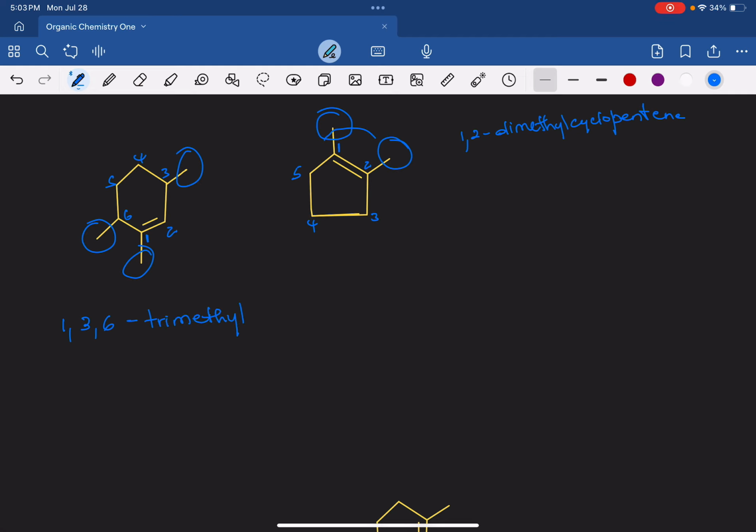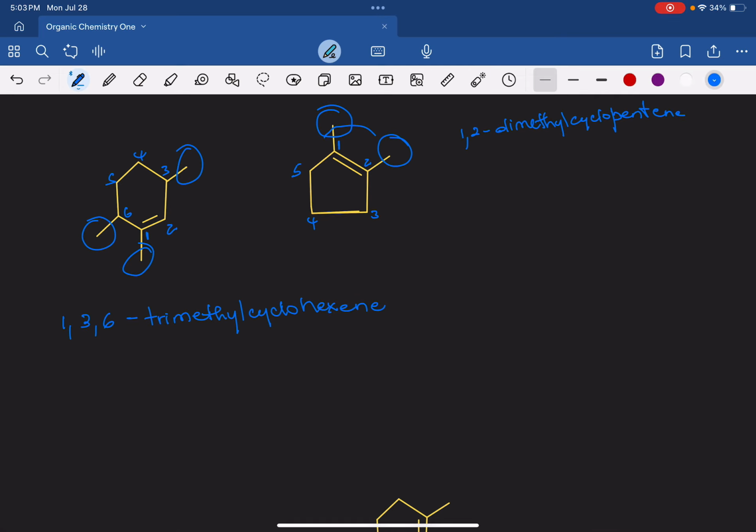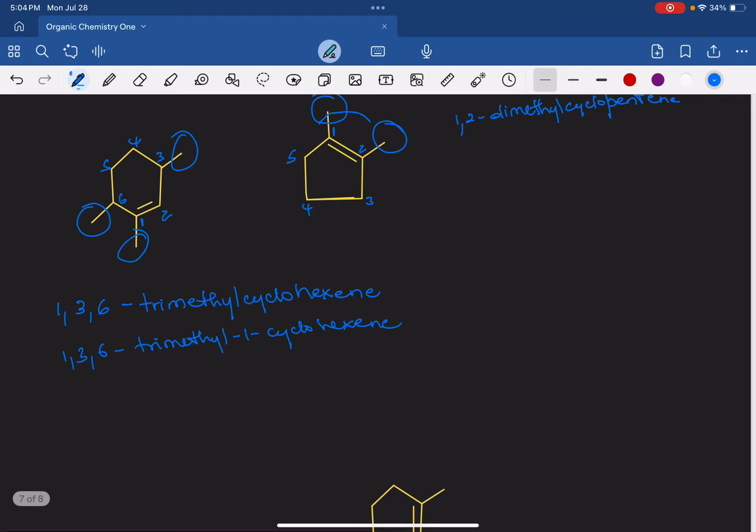They are methyl groups, 6-membered ring, cyclo, hex, double bond, E-N-E. Also, if you see 1,3,6-trimethyl, sometimes they put the 1 in, but it's honestly not necessary. If you don't put it, they know the double bond is between carbon 1 and 2, so you may or may not see that.